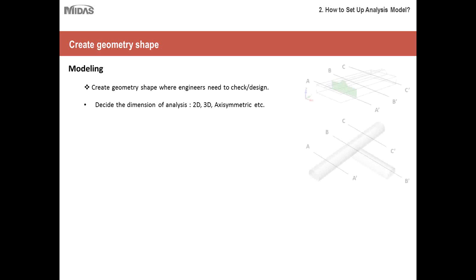So if you look at these two examples here, you will see that this is an embankment, or let's say a dam, and if I cut 3 sections A, B, and C, I see that the sections are identical all throughout.